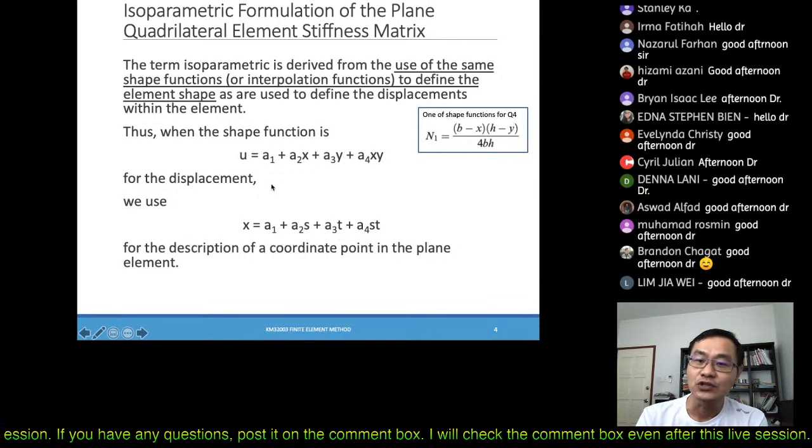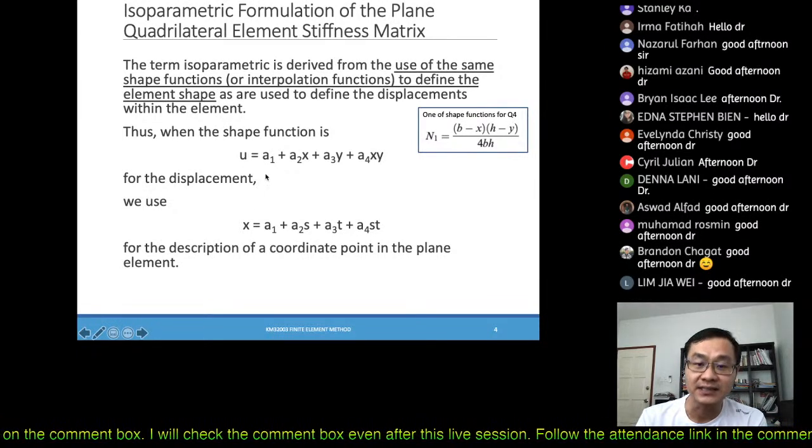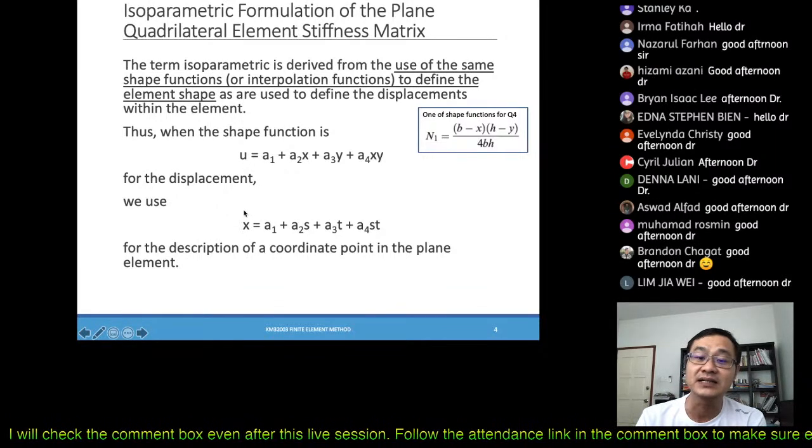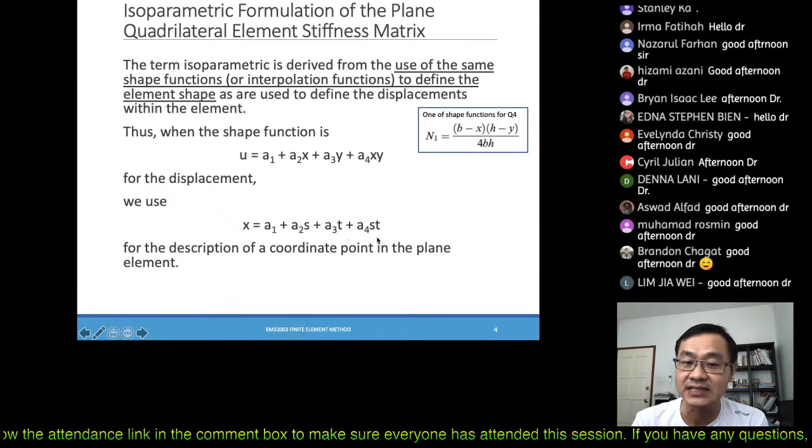Comparing these two functions, they are exactly the same, only the parameters are different. So we have A1, A2, A3 and A4, but it is actually the same.